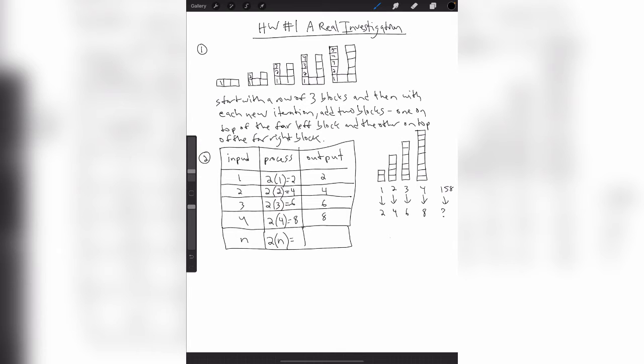And that should give you whatever the process is in the end, whatever this output is. Okay? So if you're coming up with an expression, it says write an expression for the number of tiles or circles in the nth figure. That would be easy. So what you would do is you would take 2 times n, which you've already done, and that would be the output, whatever we've actually come up with in the end.